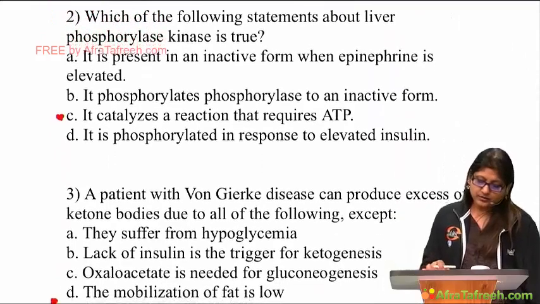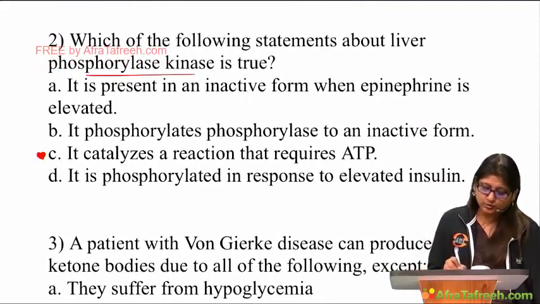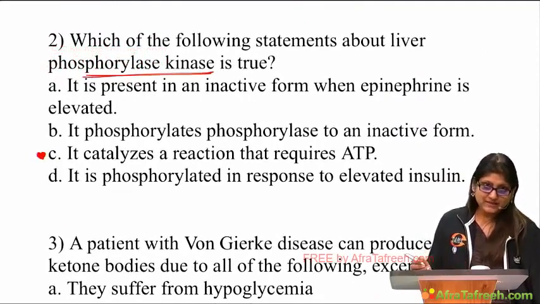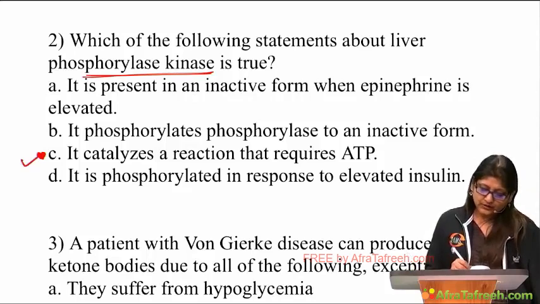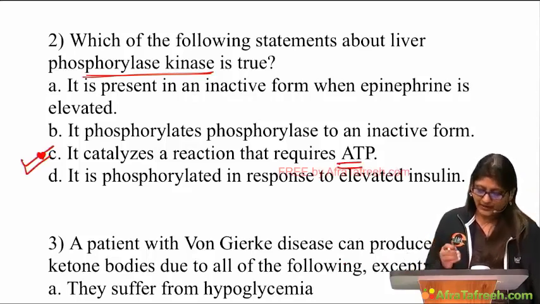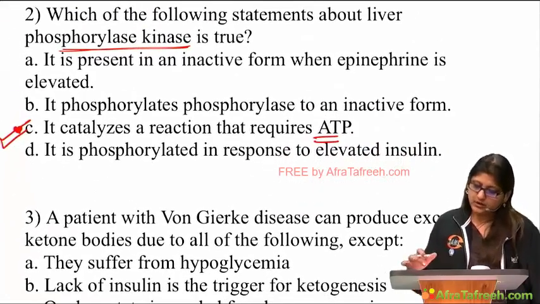Now coming to question number 2. Which of the following statements about liver phosphorylase kinase is true? Liver phosphorylase kinase is the enzyme responsible for phosphorylating phosphorylase enzyme. What is true? The answer is that it needs ATP for its action. I'll tell you how this enzyme acts.